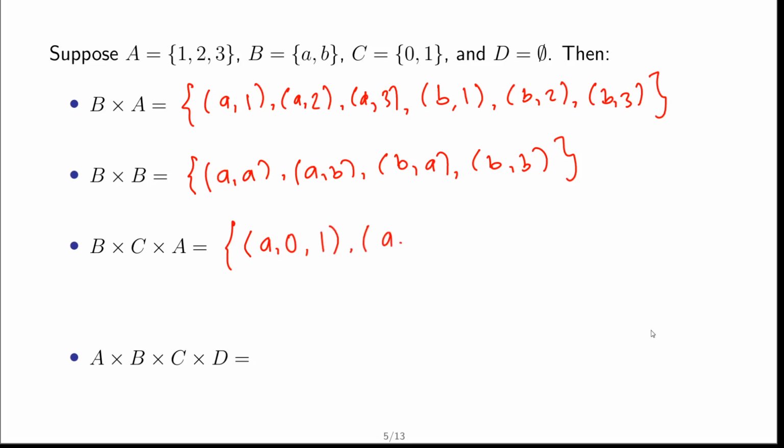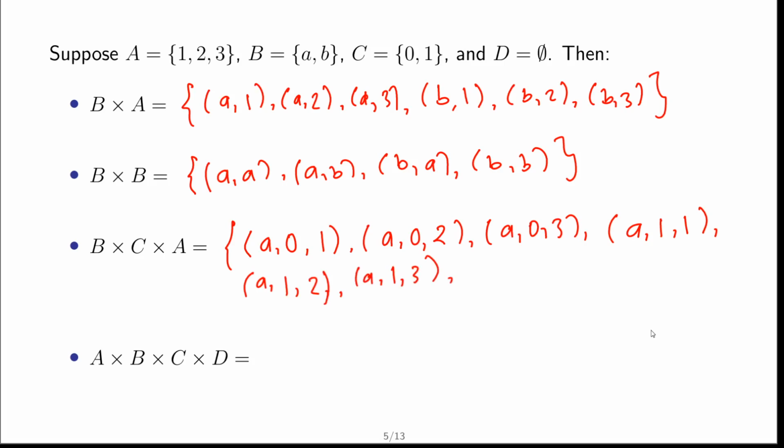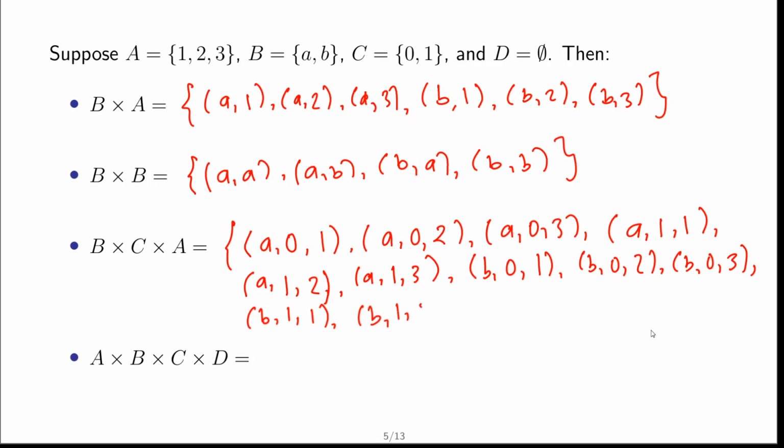And then we continue (a, 0, 2), (a, 0, 3), (a, 1, 1), (a, 1, 2), (a, 1, 3), (b, 0, 1), (b, 0, 2), (b, 0, 3), and (b, 1, 1), (b, 1, 2), and (b, 1, 3).